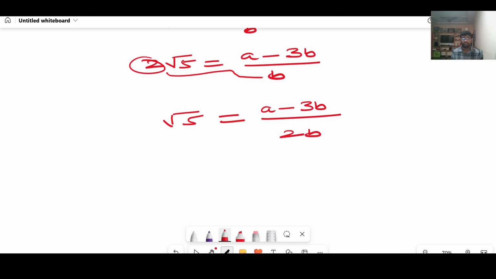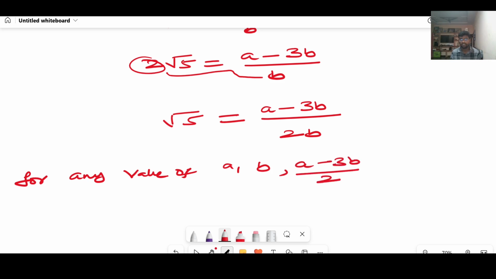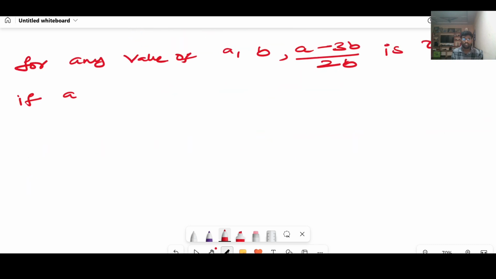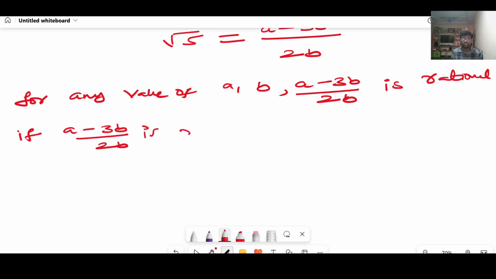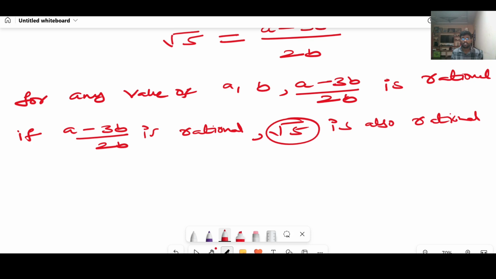For any value of a comma b, a minus 3b by 2b is rational, right? If a minus 3b by 2b is rational, root 5 is also rational, right? But we know root 5 is an irrational number, right?